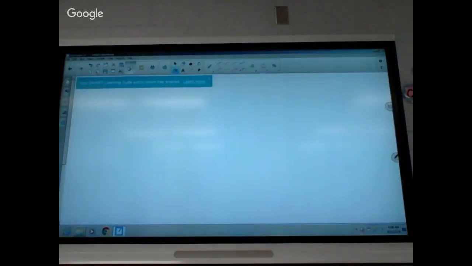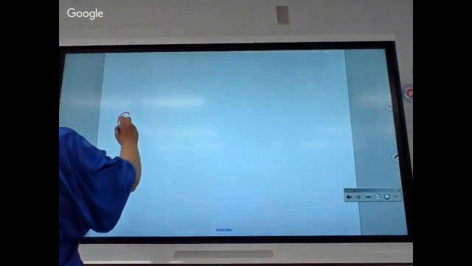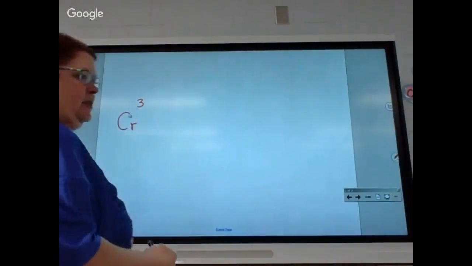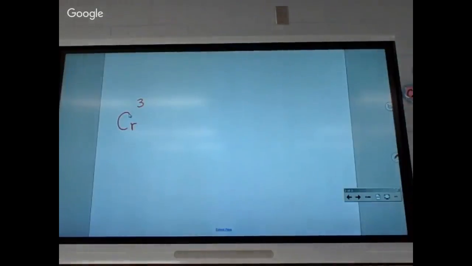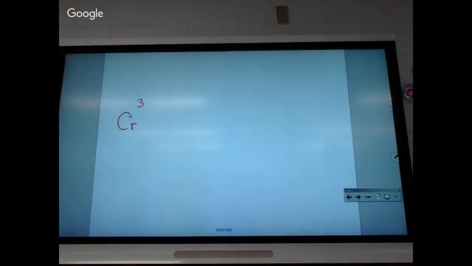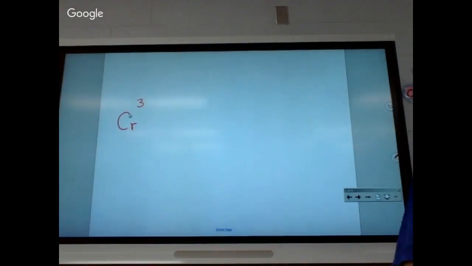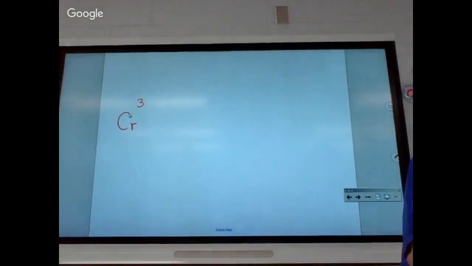All right, so you wanted which one? Number 19. All right, give me your answer. So number 19 is chromium. All right, so we have Cr. It has Roman numeral 3, and then it says hexachloroplatinate. Hexachloroplatinate is the name of a polyatomic ion. It is not old system naming, okay? Sometimes that's one of the ones that'll throw people off because it says hexa, and they think it's old system naming, but it's not.